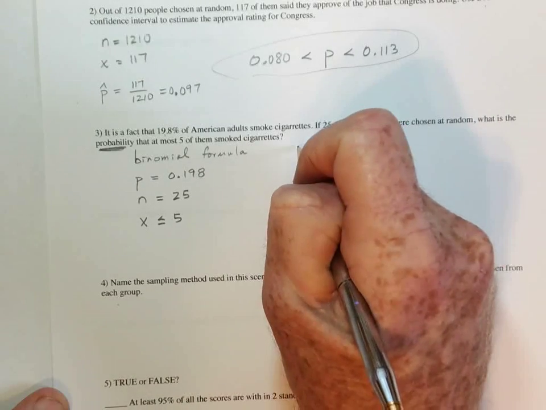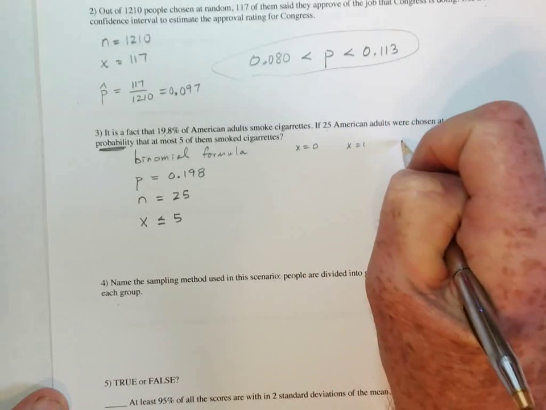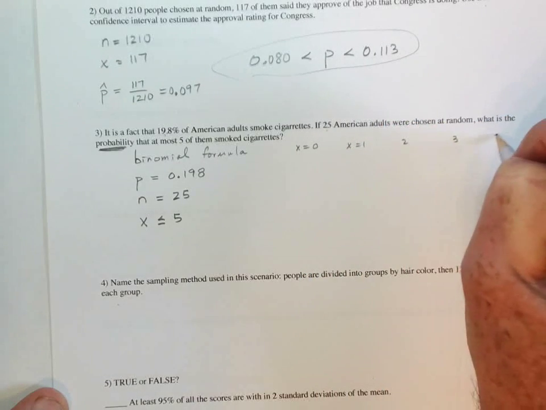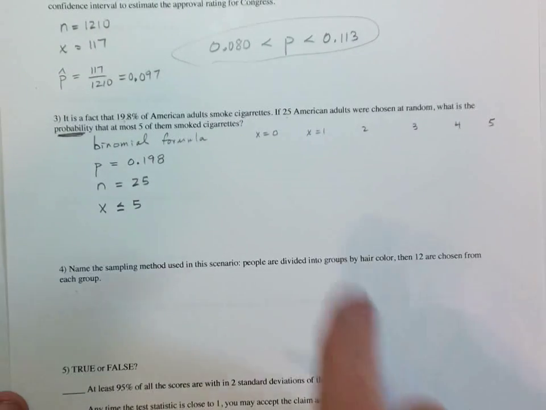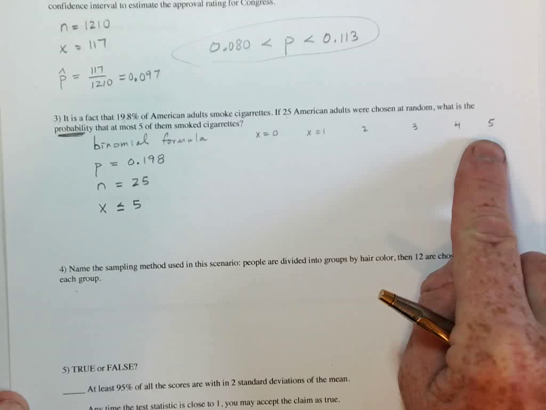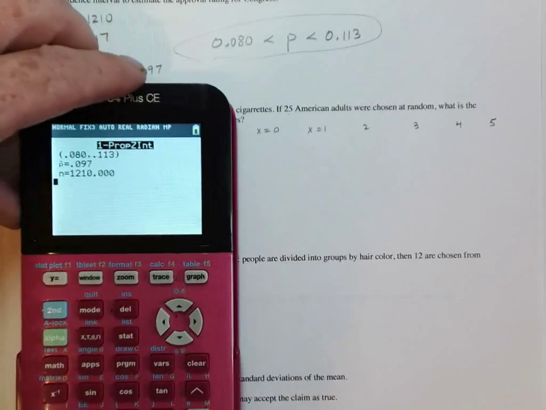So in other words, there could be X equals 0 smokers, or 1, or 2, or 3, or 4, or 5. So we'll need to do the binomial formula 6 times. But of course, the calculator will do it for us.